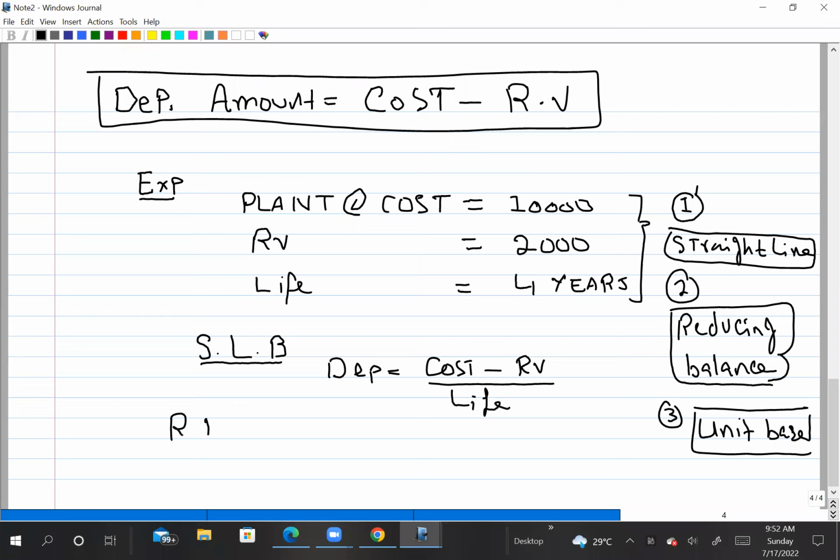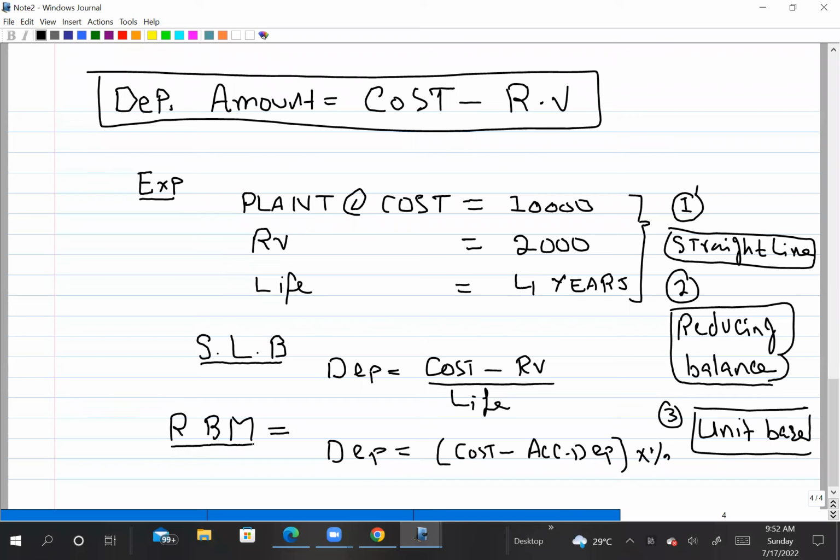And in the reducing balance method, depreciation is equal to cost minus accumulated depreciation multiplied by the depreciation rate.